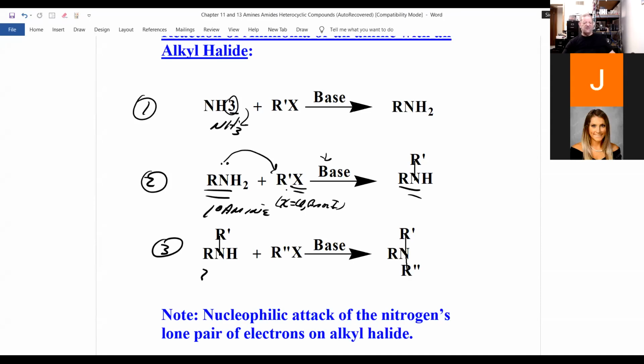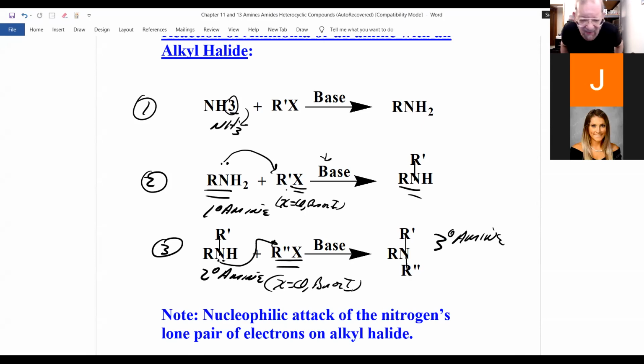If you take a secondary amine and react it with an alkyl halide, the non-bonding electrons attack, and you get a tertiary amine. And the company I worked for, we did these reactions.